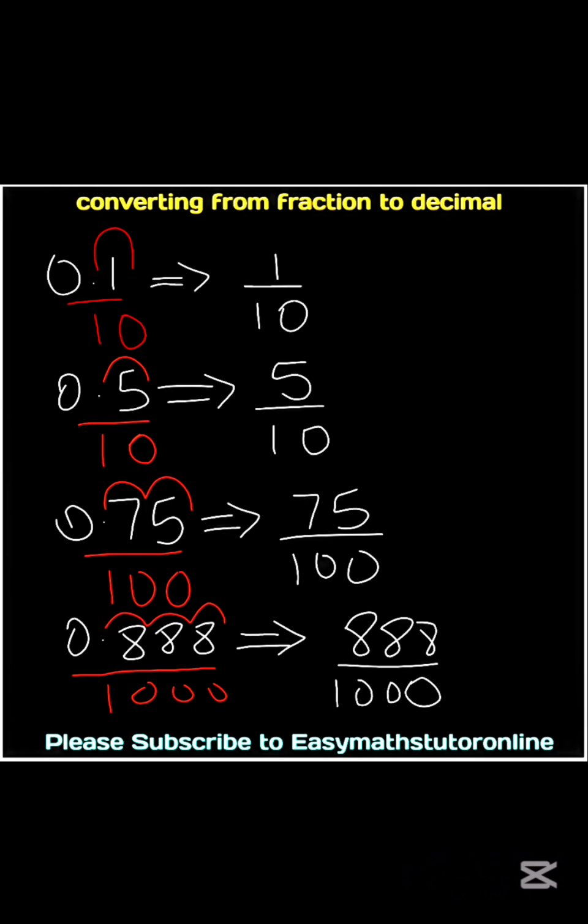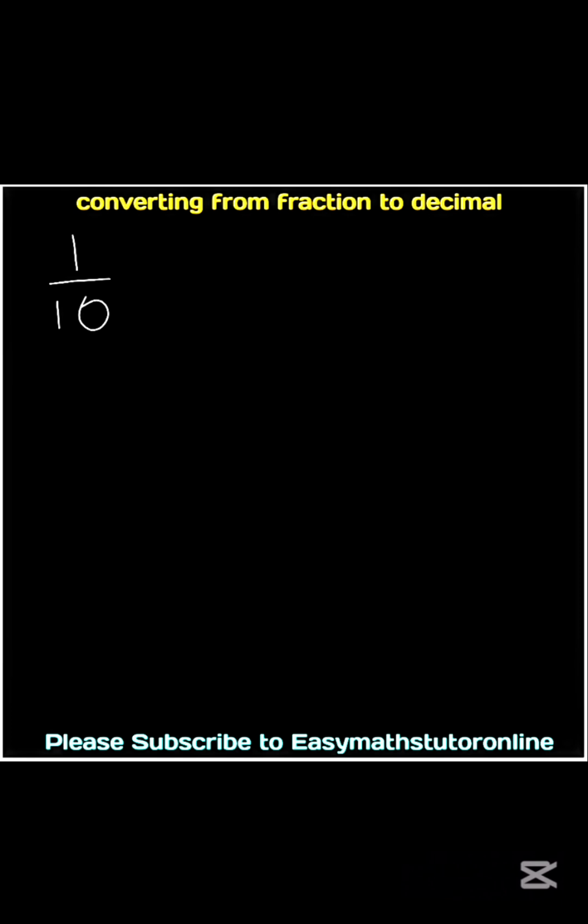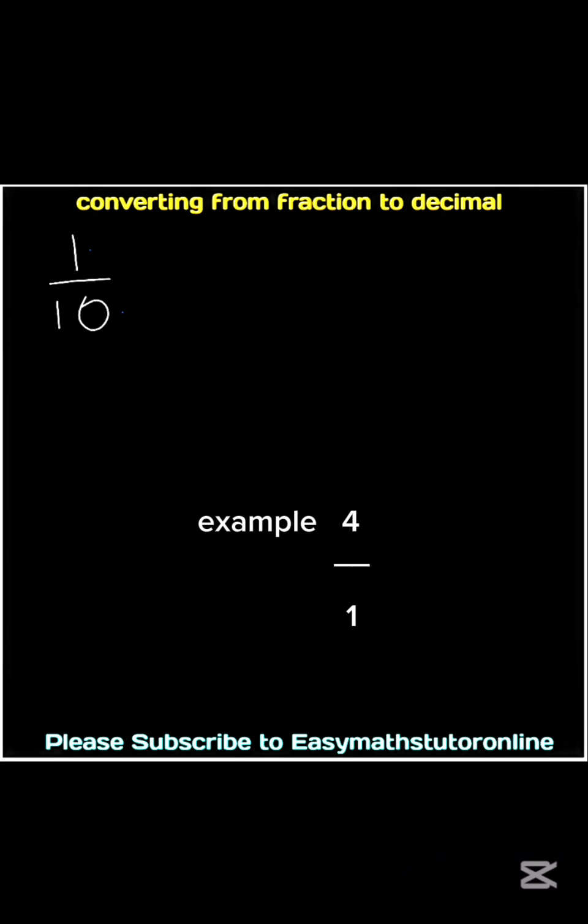I was trying to recap how we can convert from decimal to fraction before I go over from fraction to decimal. Now, if we have fractions we want to convert to decimal, let us tackle fractions like 1 over 10, denominators in tens. Every whole number has a denominator which is 1.